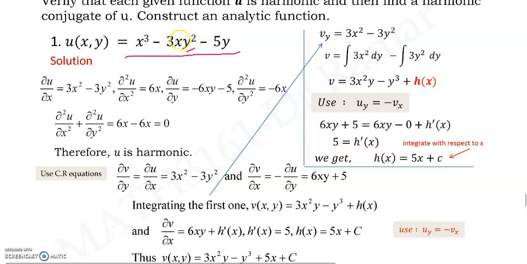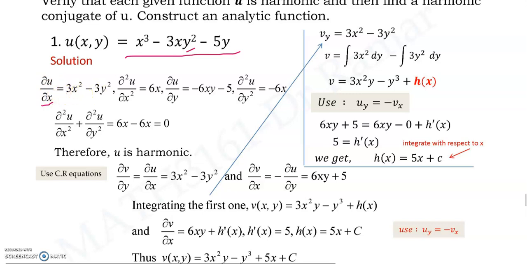You have to differentiate only x, so you will get minus 3y squared, because the derivative of x is 1. Now what about minus 5y? Here we are taking the partial derivative with respect to x, so y is constant, so minus 5y is constant, so the derivative is 0. So ∂u/∂x is 3x squared minus 3y squared.